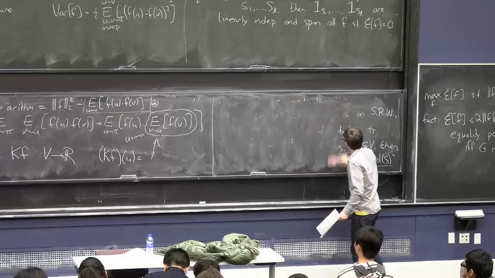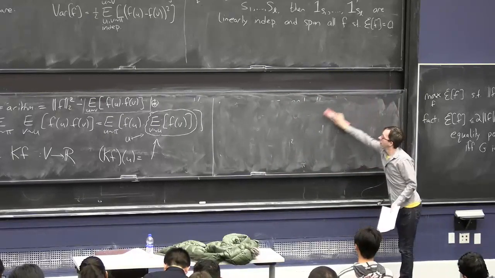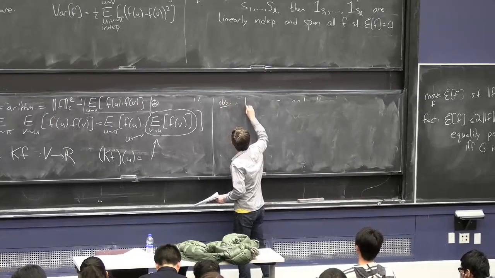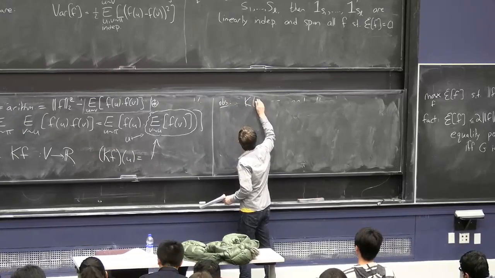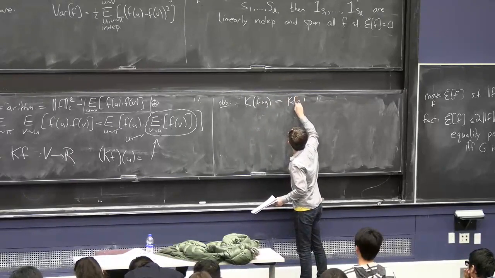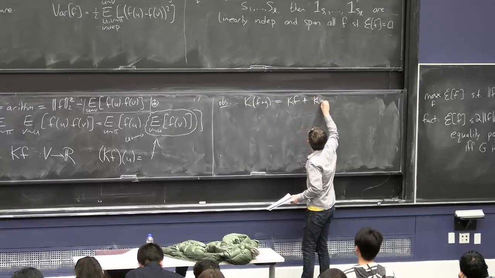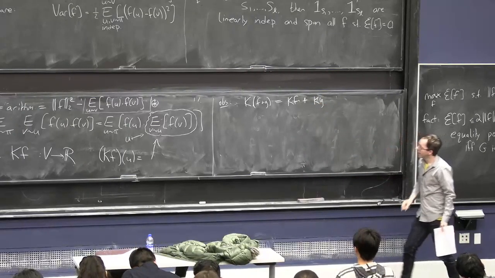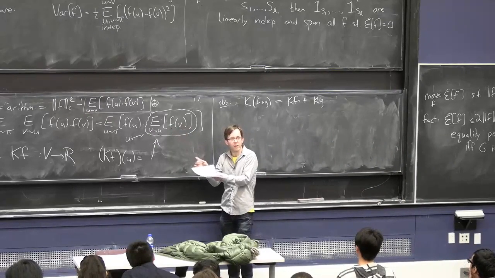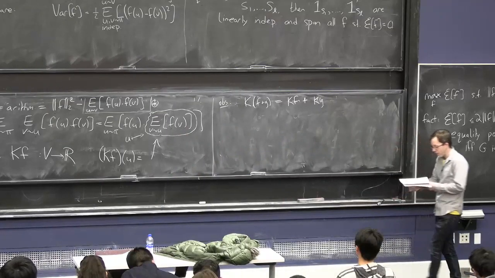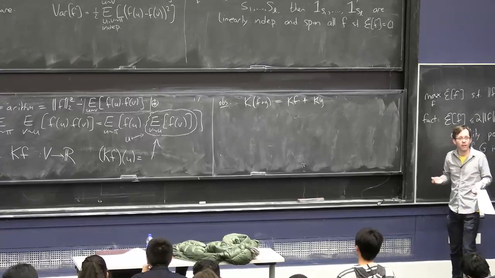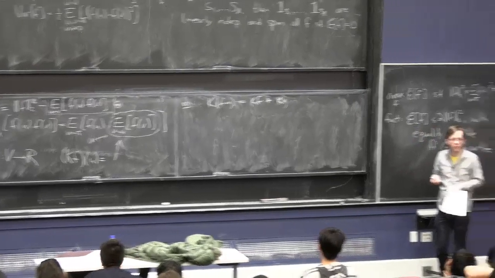And it's a linear mapping in the sense that if you apply it to the sum of two functions, it's equal to the sum of Kf and Kg. That's because if you replace f by f plus g, then by linearity of expectation, you get the average of f plus the average of g. So this K is a linear operation that takes vectors to vectors, the classic object that gets studied in linear algebra. In fact, you can represent it by a matrix, which we will do.